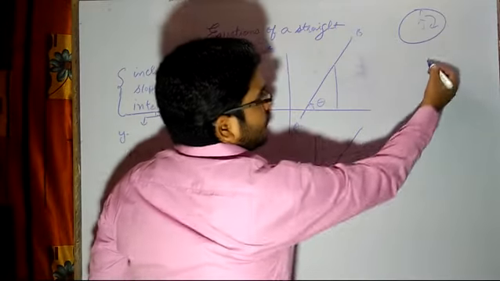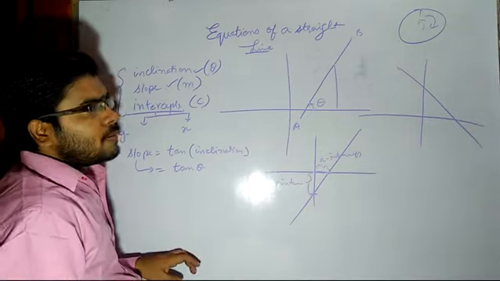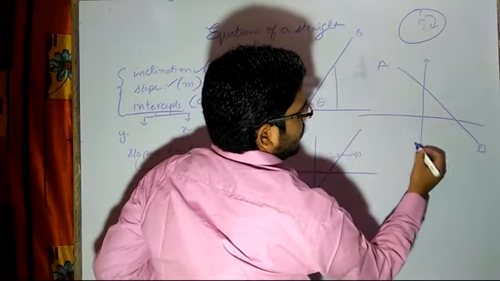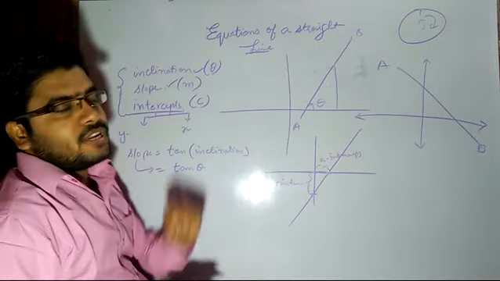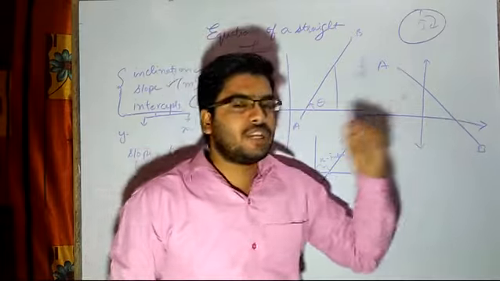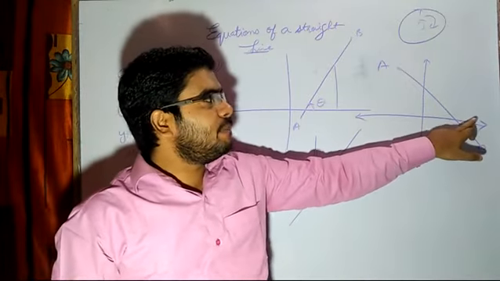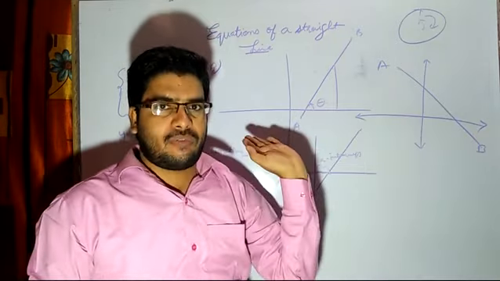Now if I have a line like this, this is the line AB, this is my x-axis and y-axis. What is the definition of inclination? It is the angle between the x-axis and the line in the anti-clockwise direction.